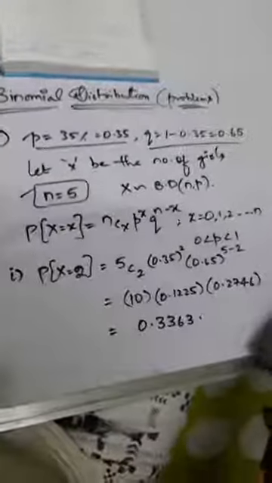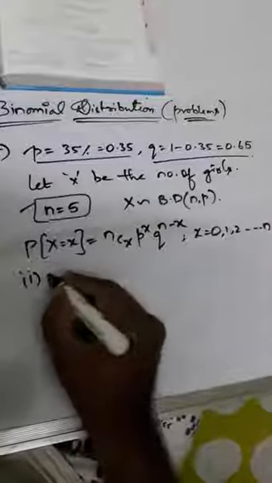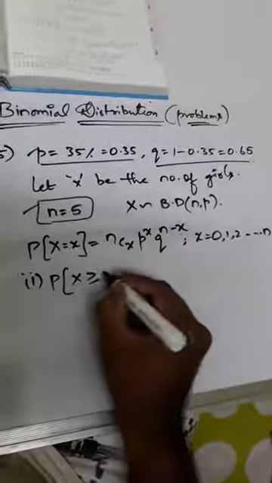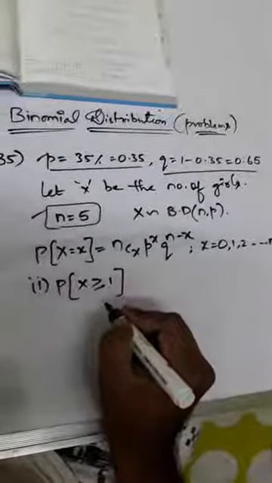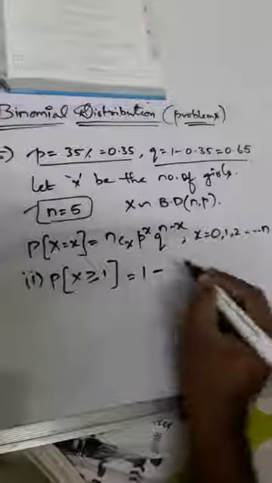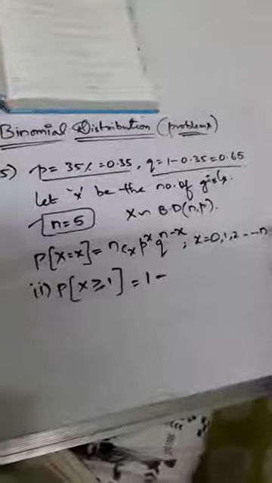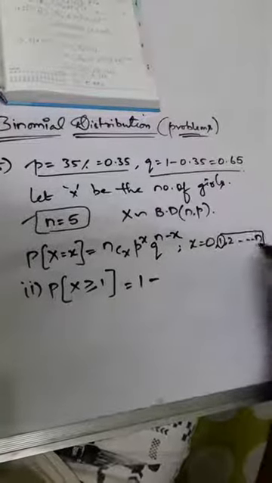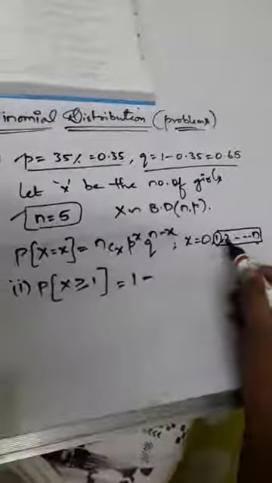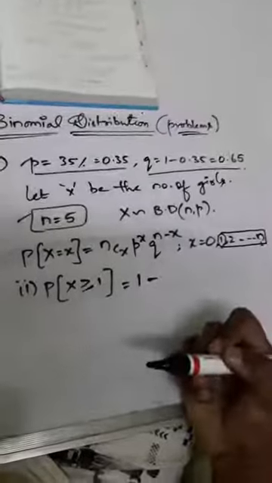And the second question, at least 1. The symbol is greater than or equal to 1. At least 1 means greater than or equal to 1. As I used to say in class, here N is fixed, so greater than or equal to 1 means from 1 up to N. X greater than or equal to 1 means 1, 2, 3, 4, up to 5 we need to calculate.